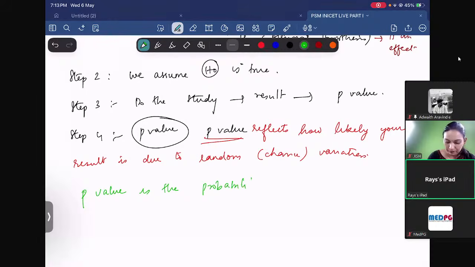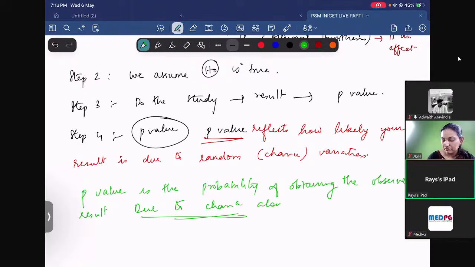Probability of obtaining the observed result, whatever result you got in your study. So it is the probability of obtaining the observed result due to chance alone, assuming that null hypothesis is true.